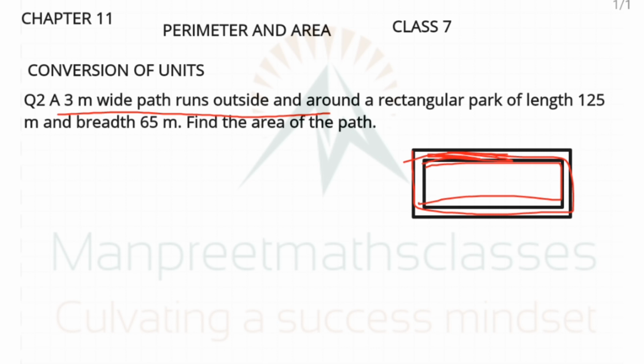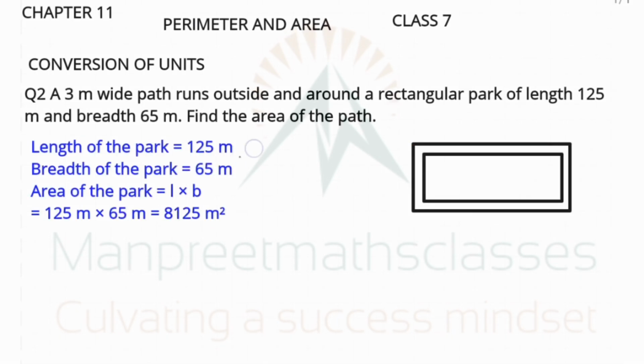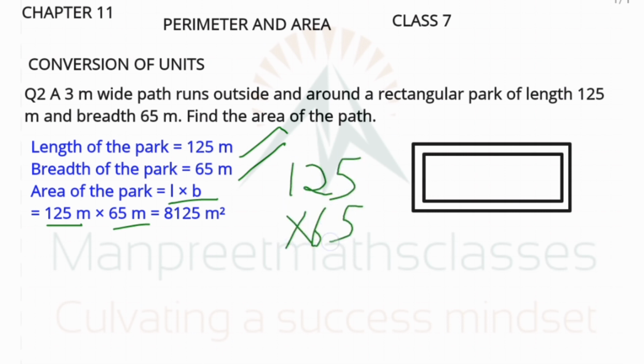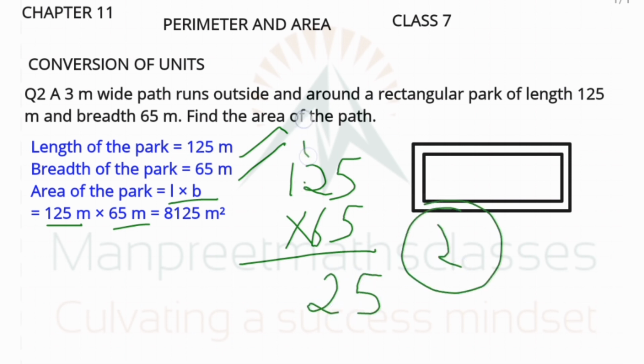So let's solve it. Length of the park is given as 125 meter. Its breadth is given as 65 meter. So we will use the formula for the area of a rectangle: length into breadth. In place of length I have written 125 meter, in place of breadth 65 meter. So we will multiply it, 125 into 65. 5 5s are 25, 2 carry, 5 2s are 10 plus 2 is 12, 2, 1 carry, 5 1s are 5 plus 1 is 6.